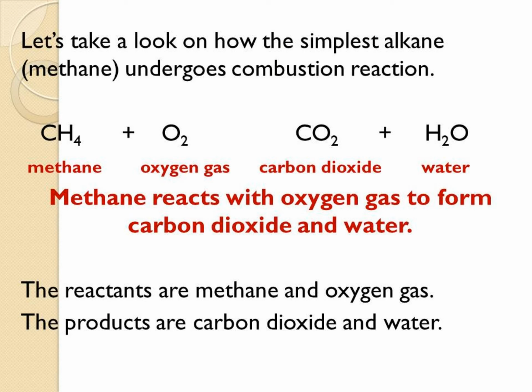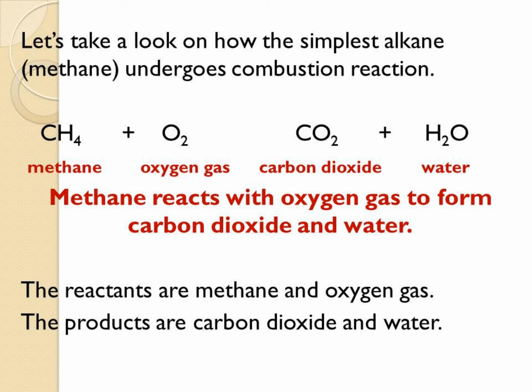Let's take a look at how the simplest alkane, methane, undergoes combustion reaction. So methane, CH4, plus oxygen gas yields carbon dioxide plus water, or H2O. We will read this as: methane reacts with oxygen gas to form carbon dioxide and water.